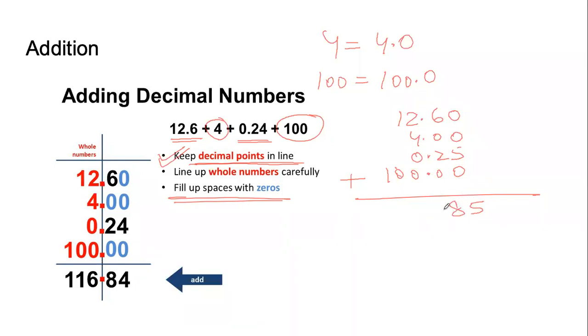All decimals will be aligned, so we will put another decimal point. 2 plus 4 is 6. Now, if you ask me, sir, हम यहाँ पर भी 0 लिखें क्या? नहीं बेटा, that is too much. मत लिखो ये. Actually, यहाँ पर भी लिखने की जरूरत नहीं है, as long as you know what you are doing.